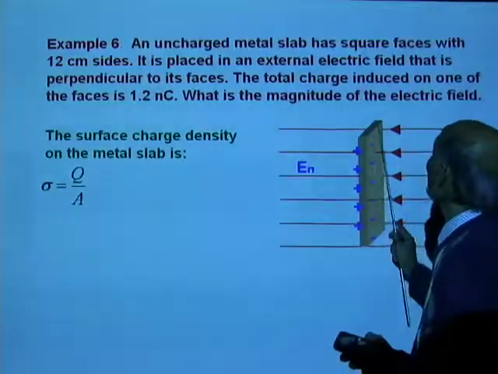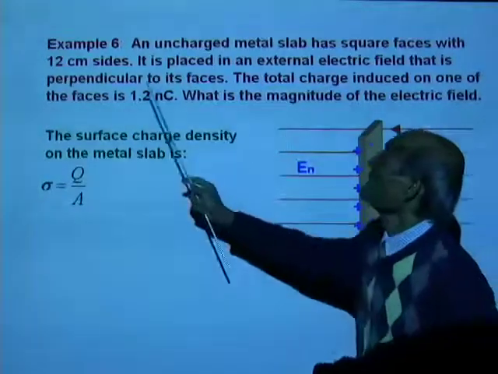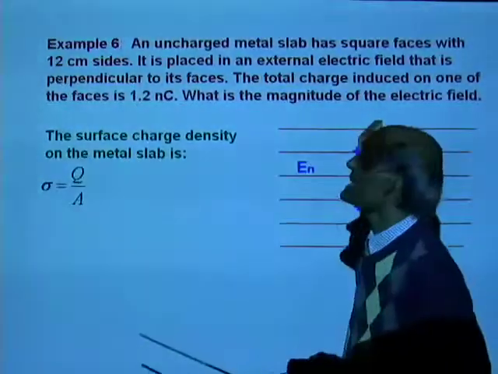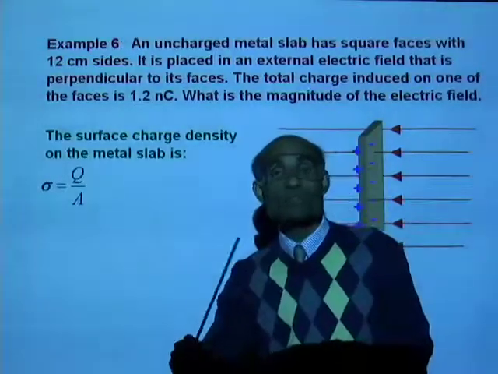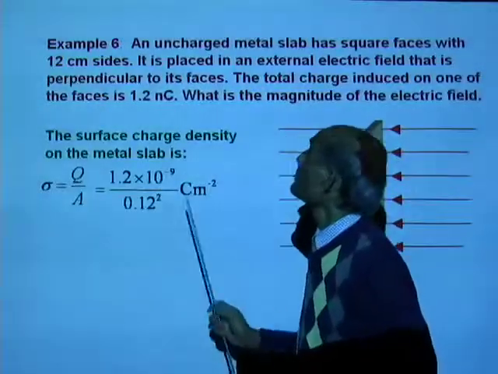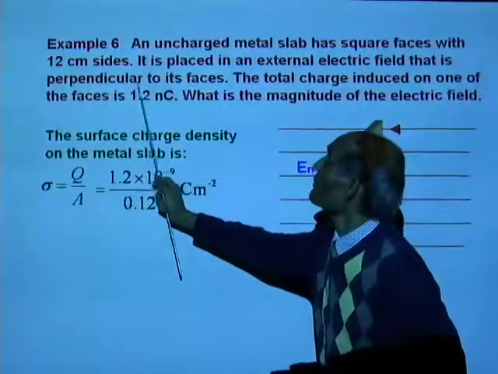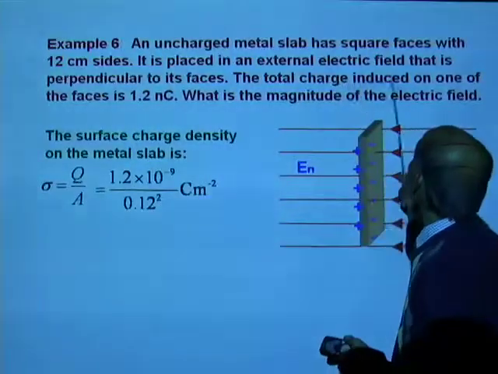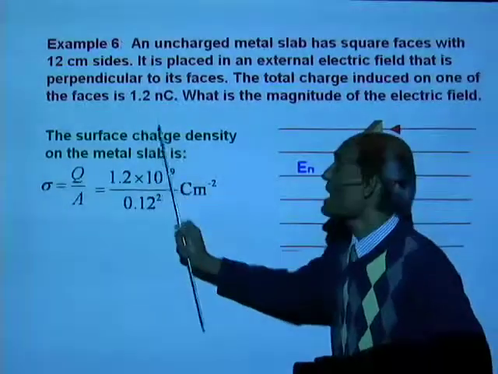What is the area of one side of the slab? It is of side 12 centimeter. Area is 0.12 multiplied by 0.12. Q, the induced charge, is given: the total induced charge on one of the faces is 1.2 nanocoulomb.